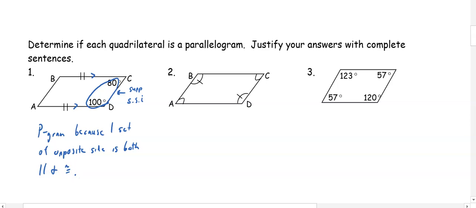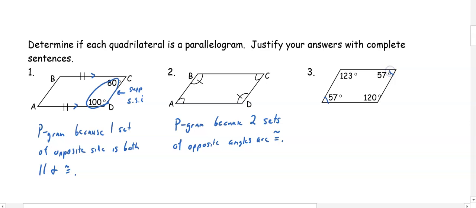In number 2, we have that B and D are congruent angles and A and C are congruent angles. So again, this is a parallelogram because 2 sets of opposite angles are congruent. In number 3, we have 2 angles that are 57.